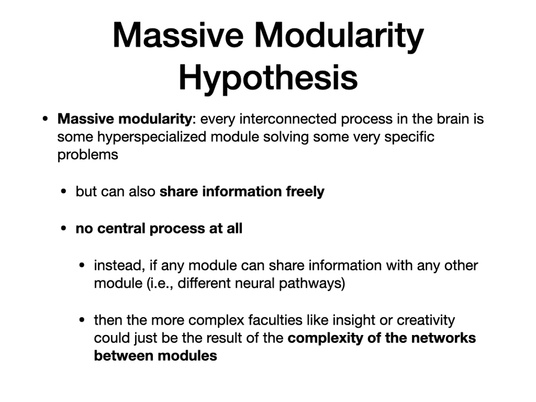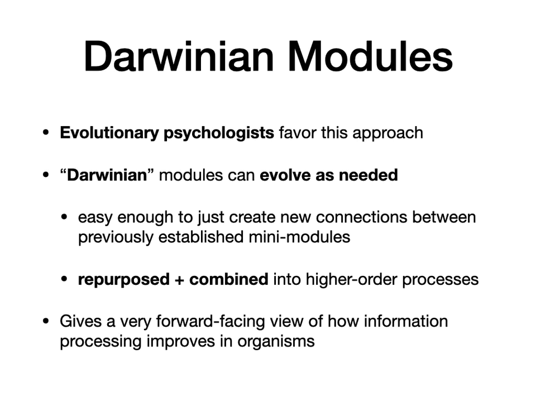That's the idea. And evolutionary psychologists favor this kind of approach to modularity because it introduces the idea that you can have modules that are Darwinian. They will evolve as you need them, right? If every chunk of your brain is part of an individual module, these new connections are pretty easy to create.